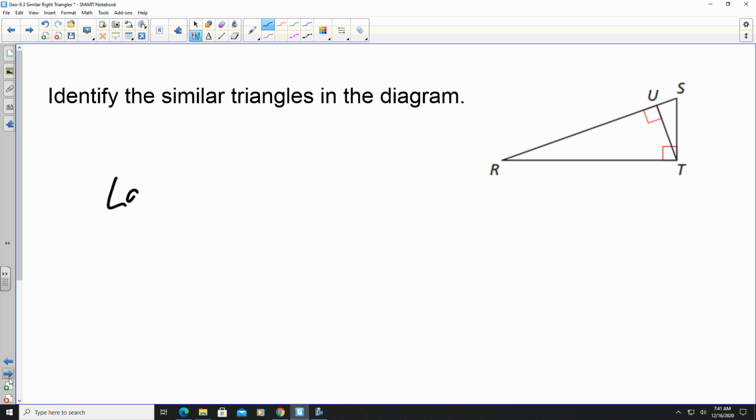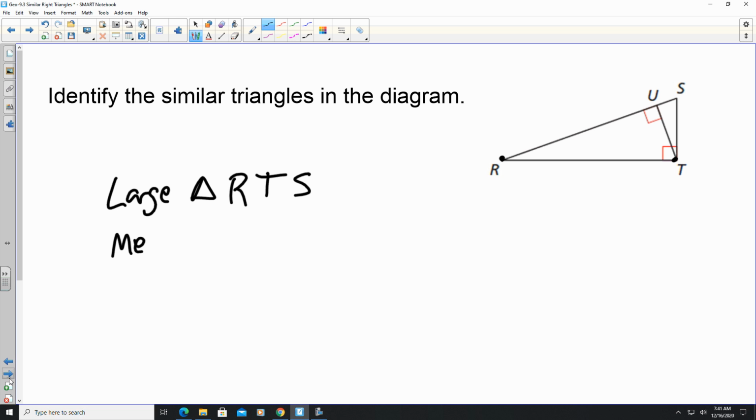So I got my large triangle, and I'm going to name it triangle RTS, because I like to use the 90-degree angle as my middle value. Could you name it RST? Yes, you could. But then you'd have to be consistent throughout the whole other names with those values. But I just like to leave the middle vertex as my 90-degree angle.